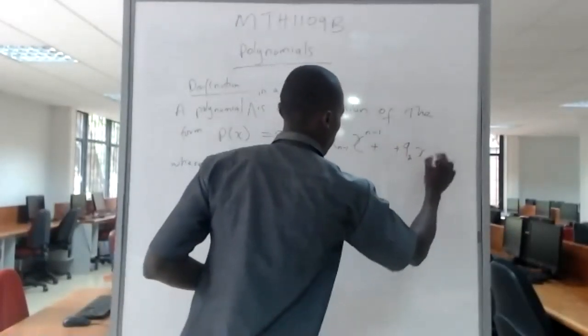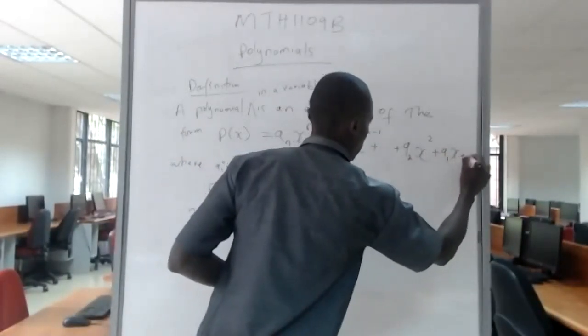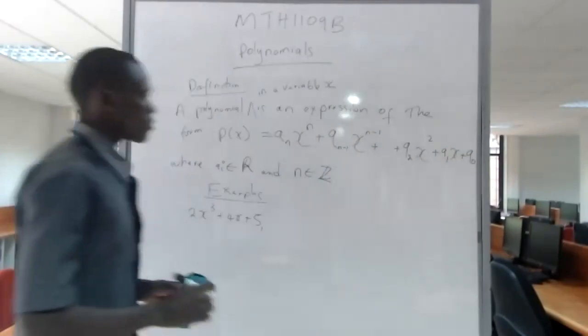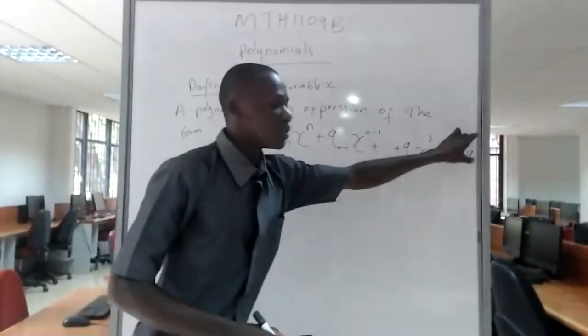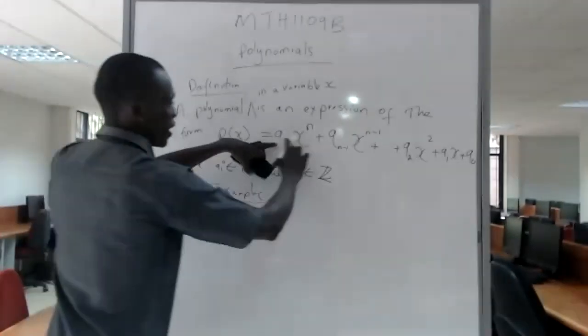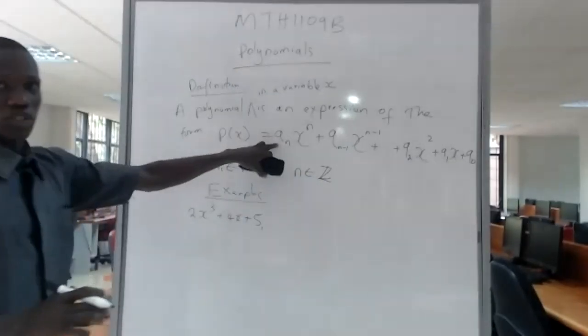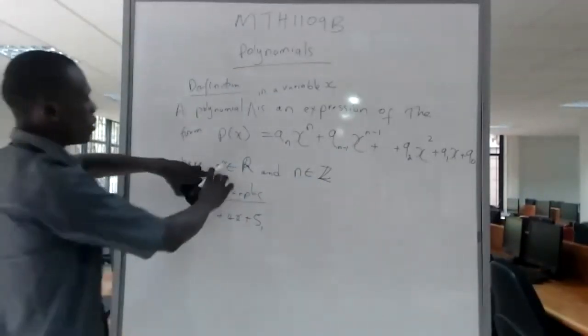a_2 x squared plus a_1 x plus a_0. Of course, here there is an x to the 0, but x to the 0 is 1, so I just write a_0. The a_n, a_(n-1), a_2, a_1, a_0 are called coefficients, and in our case they will be real numbers.